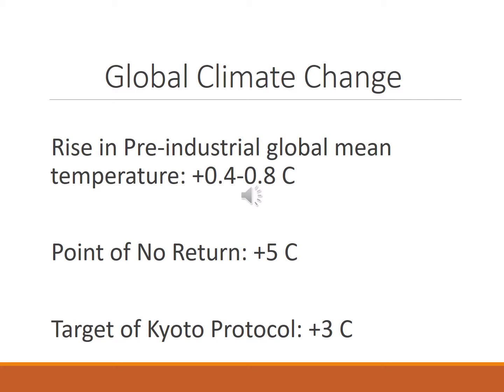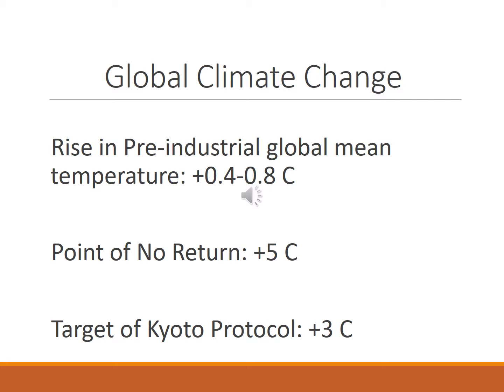So things like the melting of the polar ice caps, the melting of the permafrost, the releasing of deep ocean algae, all these things that would have very devastating consequences on the biosphere would be irreversible once the global mean temperature increases 5 degrees over its pre-industrial norm.